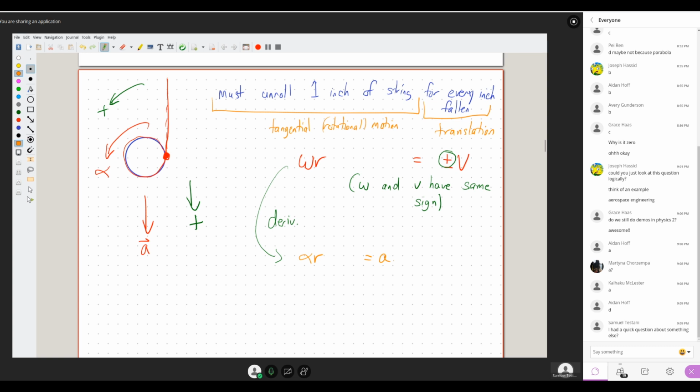Yeah, and then if you moved the point closer to the radius, would it still be the same, or would that change because the acceleration is changing? Great question. So now you're thinking about the yo-yo problem.